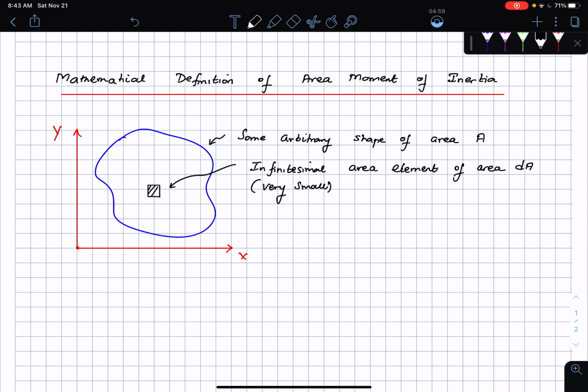So A is the total area of the body, of the shape, and dA is the area of this tiny infinitesimal element.